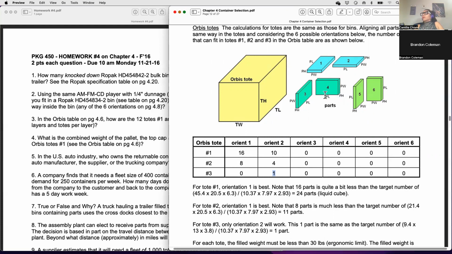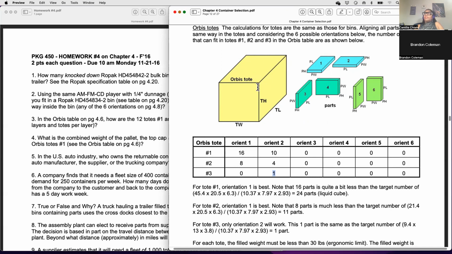So again, this Orbis tote, this is not necessarily representative, but let's just say that tote was 3.5 inches, 3.25 inches, but the radio itself, in this case, would be that 2.6. So you'd be getting stacked 2 on it. This one is taller than the height of both of these instances. When it's placed in the bin this way, it's going to be sticking up.